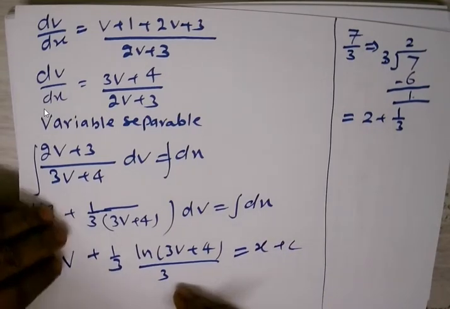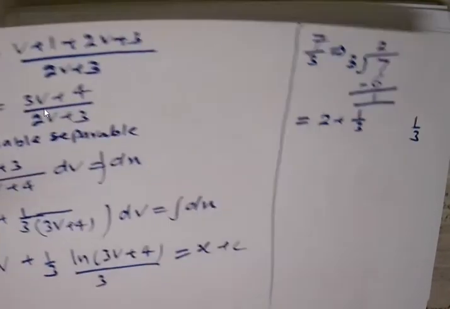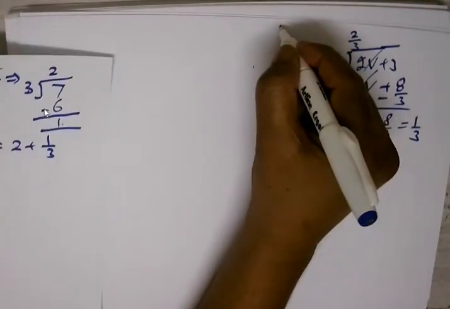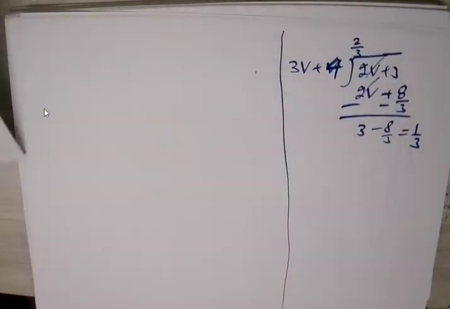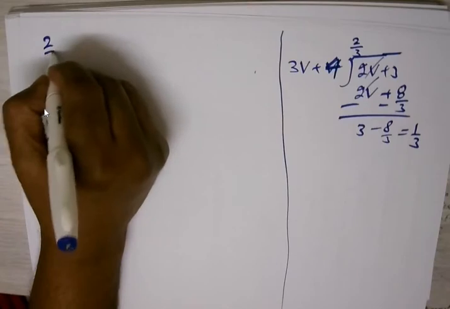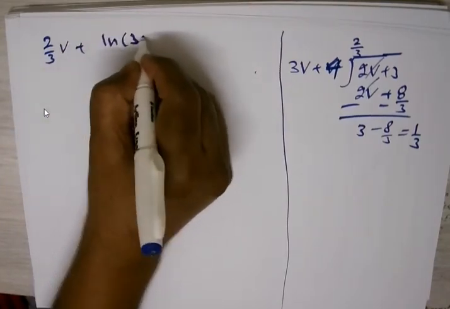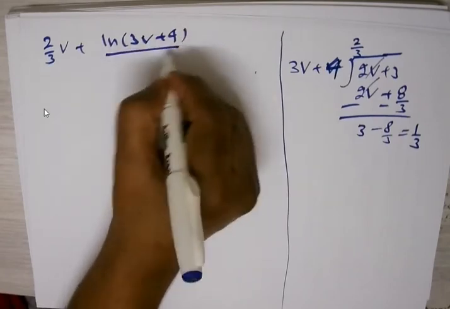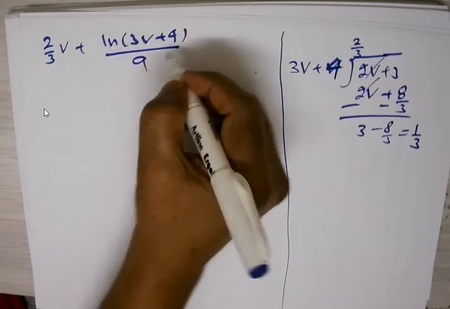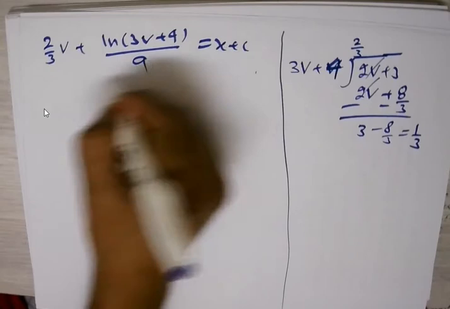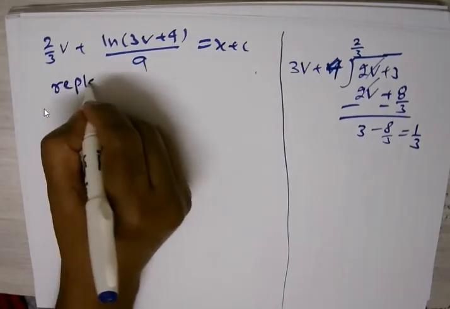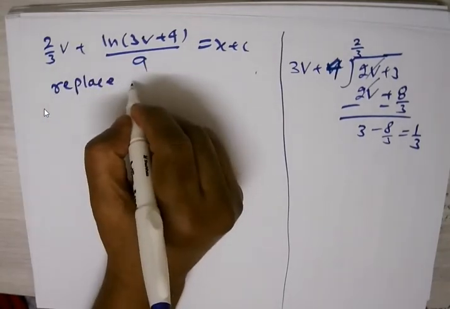Now simplify it and write the answer. So simplification of that one is, just see here, it is 2 by 3 v plus ln 3v plus 4 divided by 9 equal to x plus c. Now replace v.